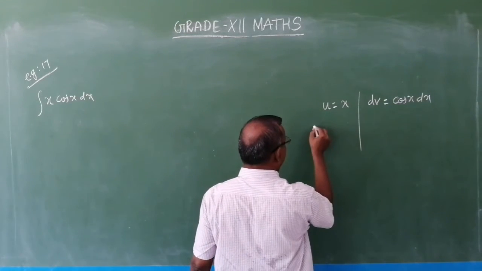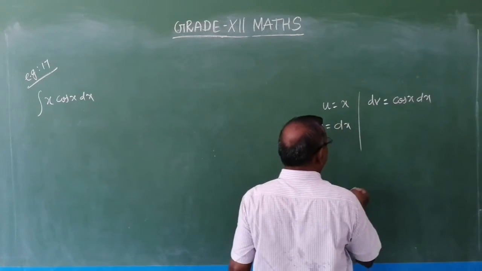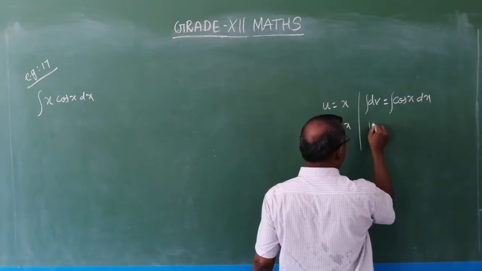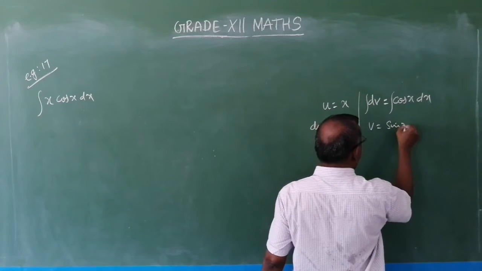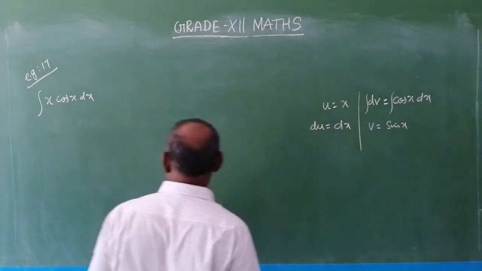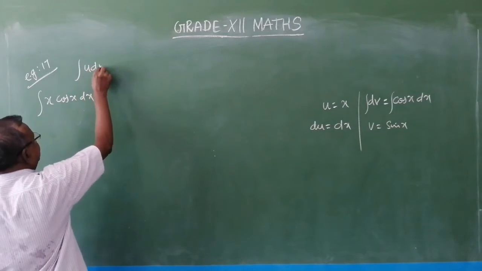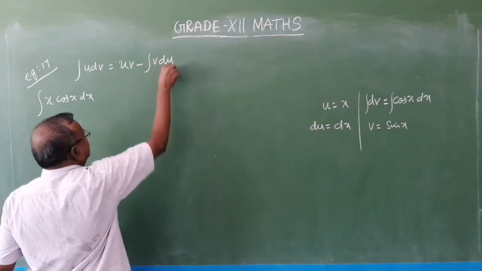Now differentiating on either side, du by dx equals 1, or du equals dx. Now integrating on both sides, integral dv equals integral cos x dx, so v equals sin x. Now we know by the formula, integral u dv equals uv minus integral v du.